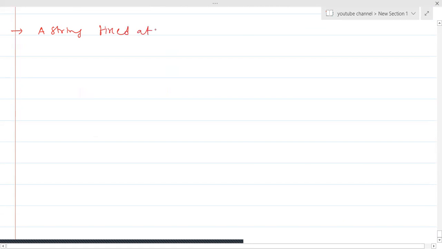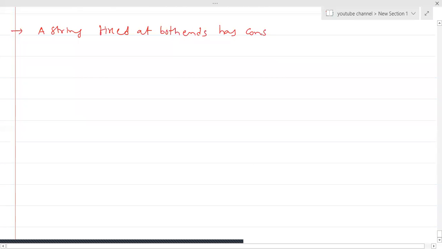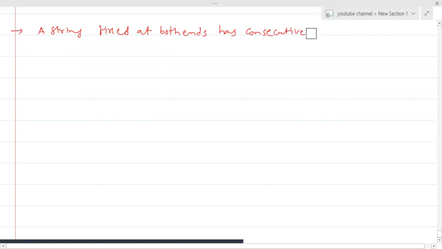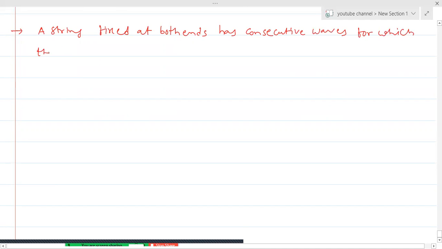A string fixed at both ends has consecutive waves for which the distances between the nodes are 16 centimeters and 18 centimeters respectively.